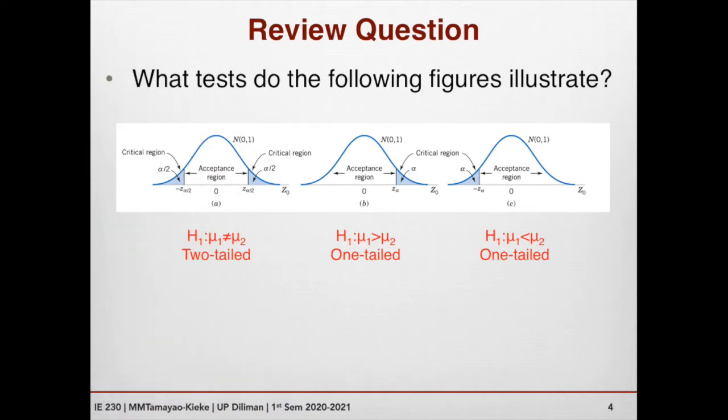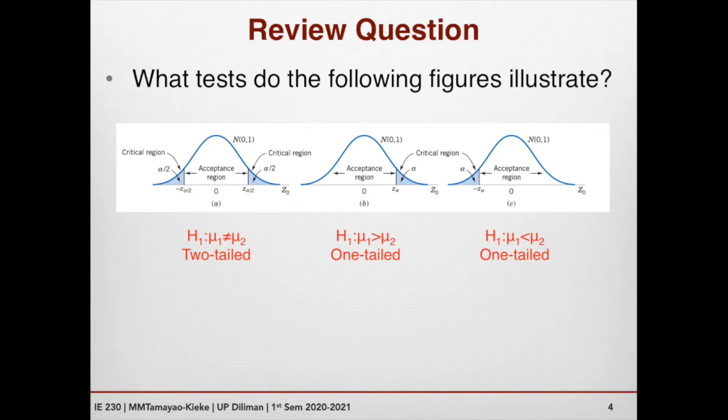Okay, so the leftmost figure represents an alternative hypothesis testing mu1 is not equal to mu2, which is a two-tailed test. The middle picture is mu1 is greater than mu2, which is a one-tailed test.